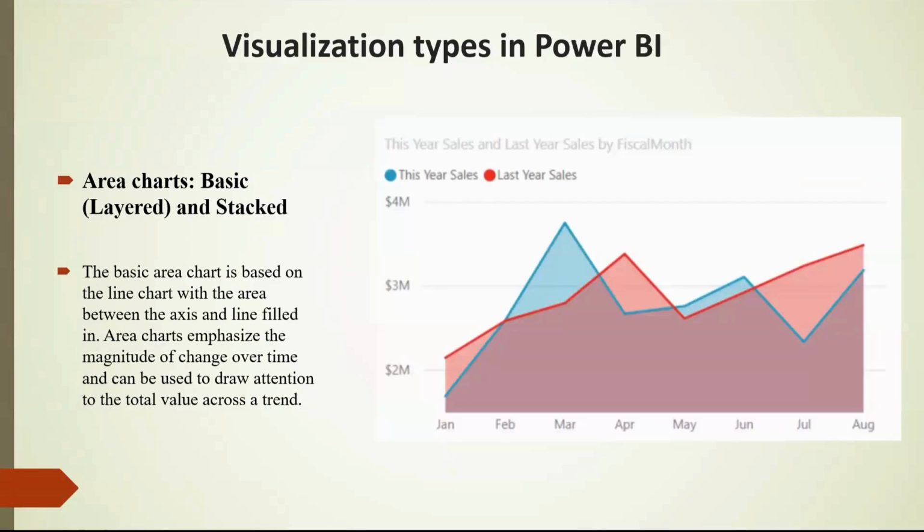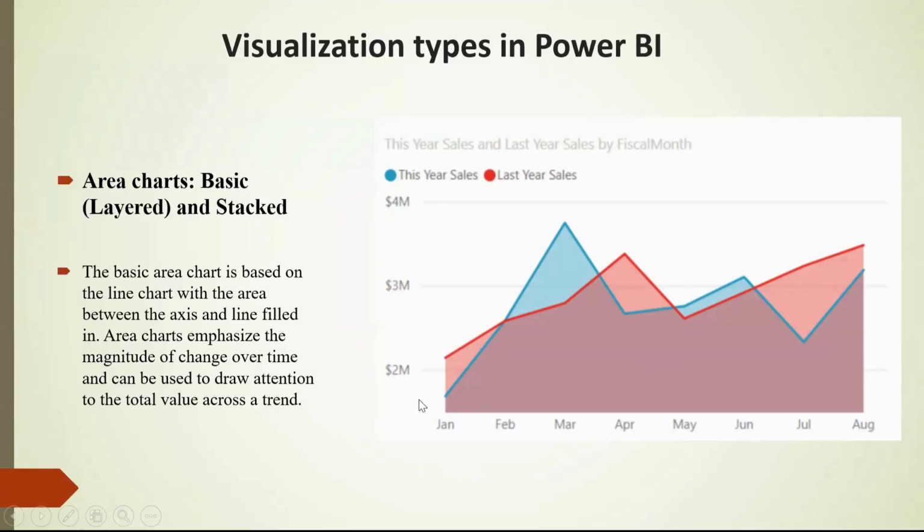Now let us look at the visualization types in Power BI. Let's start with area charts. They are just like line charts, but the area below the line is filled in, which makes the trend stand out more.